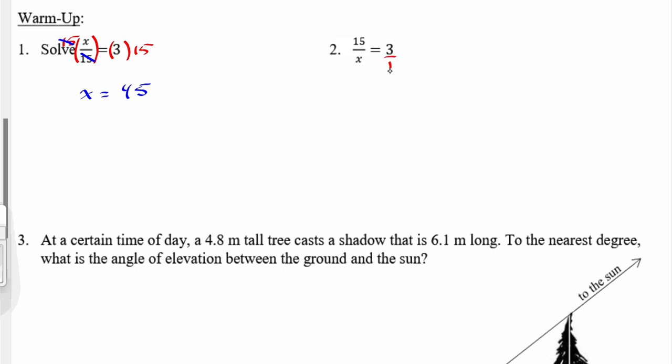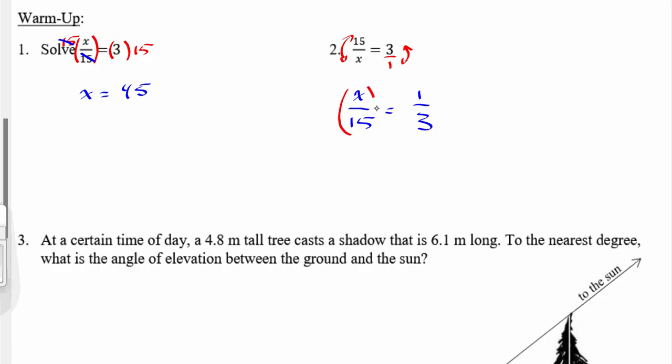We think of this as being a 3 over 1, and then I flip the left side and I flip the right side. So your suggestion is perfectly fine, we can do that. But I just wanted to remind you that this is an option, to take the reciprocal of both sides. Do whichever way makes the most sense to you.